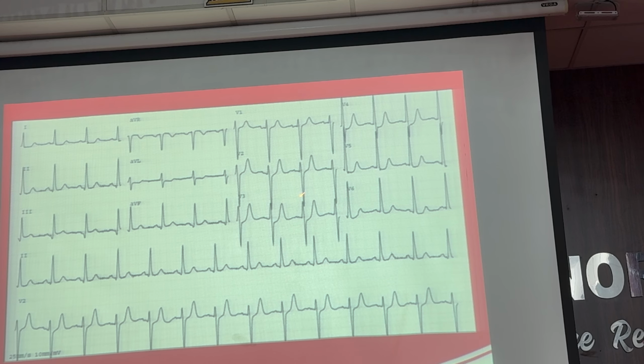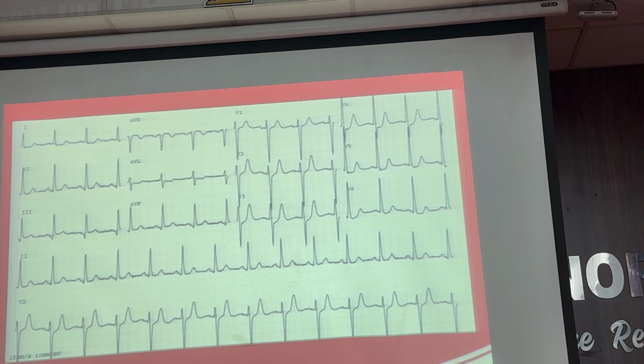If this ECG is there, it means your LAD is completely occluded. This may precede or follow a frank ST elevation. What happens next is sometimes this pseudo-normalizes without going into an ST elevation. So again, you can miss this if you don't look at this ECG carefully.